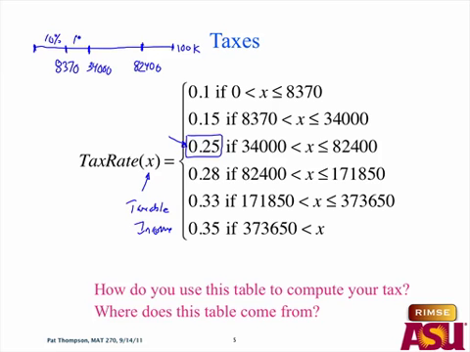And similarly, the dollars they make after 34,000 are taxed at 25%. And the dollars they make after making 82,400 are taxed at 28%.